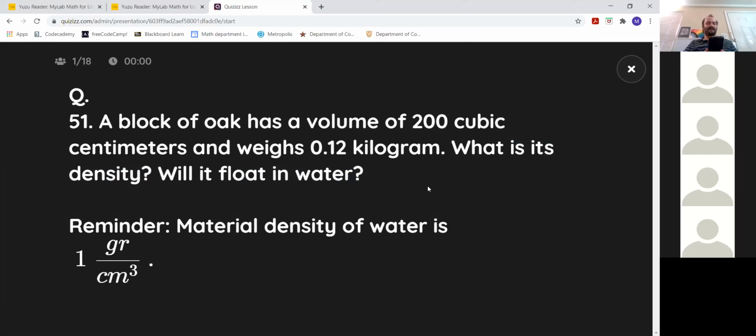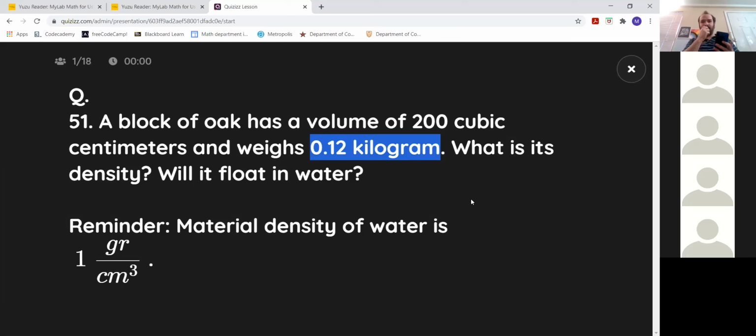I feel like this one, I don't want to say it's easy, but I divided the kilograms by the 200 cubic centimeters. We've got to do this thing first.